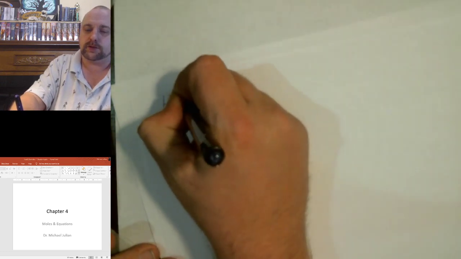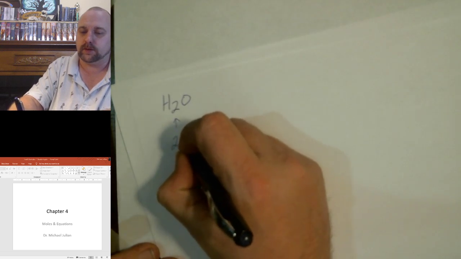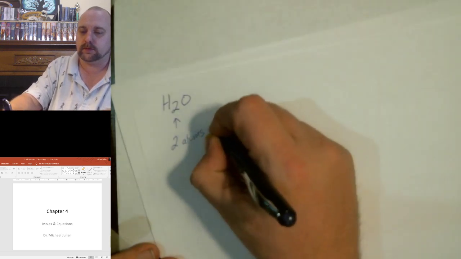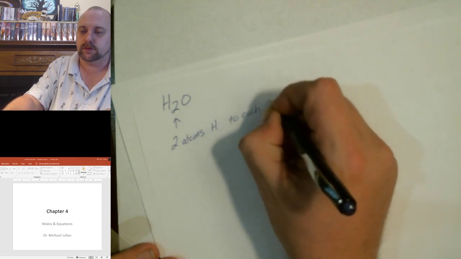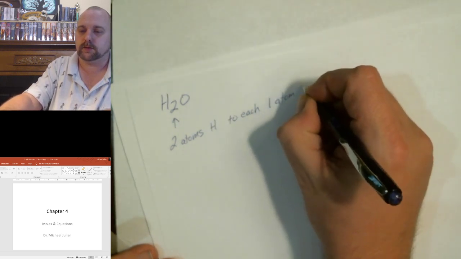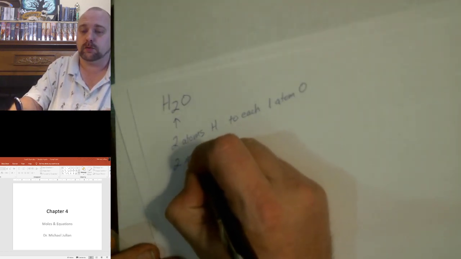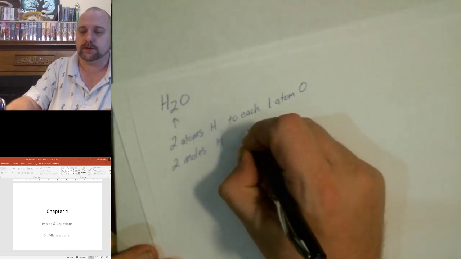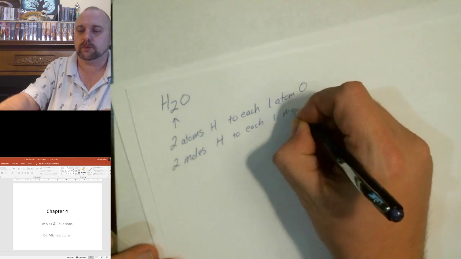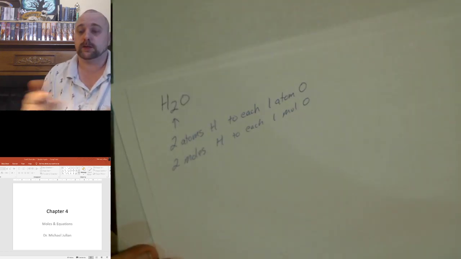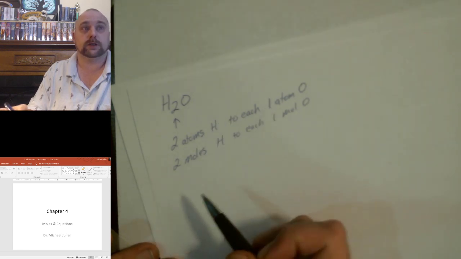So when I have H2O, that is telling me that I have 2 atoms of hydrogen to each 1 atom of oxygen. It also tells me that I have 2 moles of hydrogen to each 1 mole of oxygen. It gives me the atom to atom and mole to mole relationships.